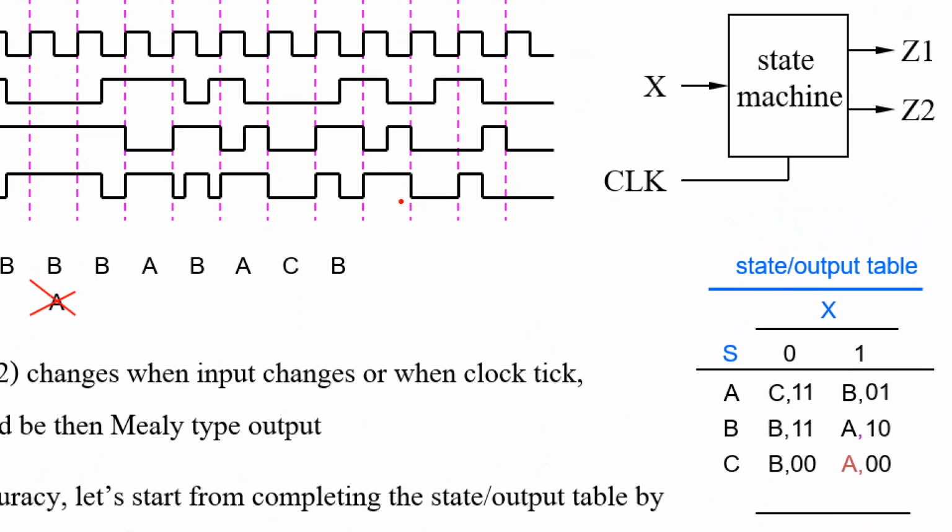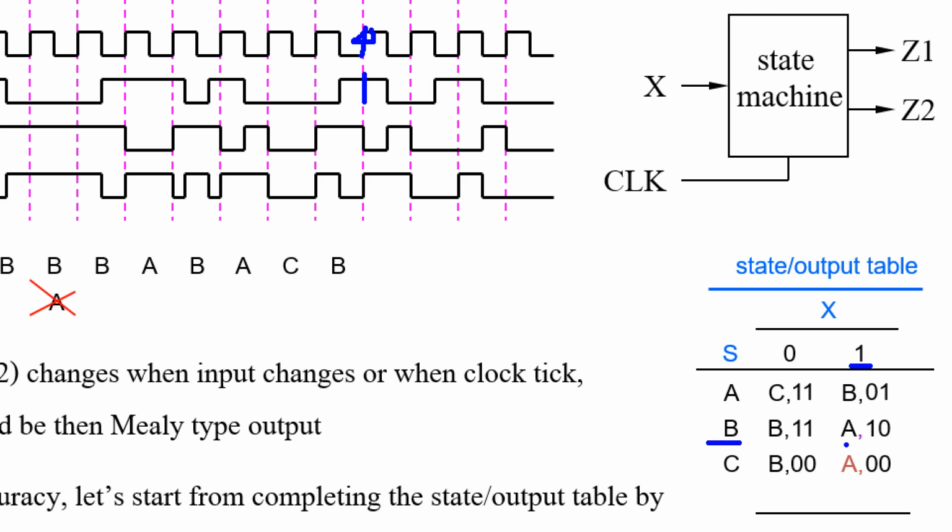Okay, let's continue. If nothing happened, we should have this complete state output table with 3 states. But not sure, so we must complete all of this. So at state B, when clock tick, input is 1, it goes to what state?